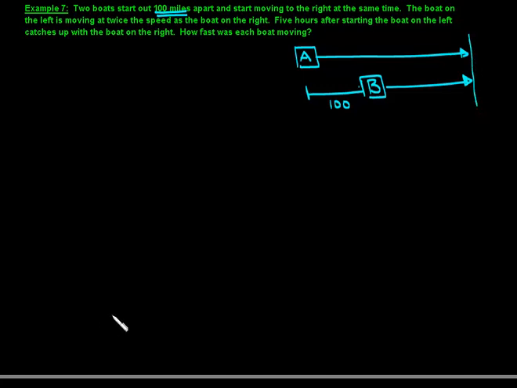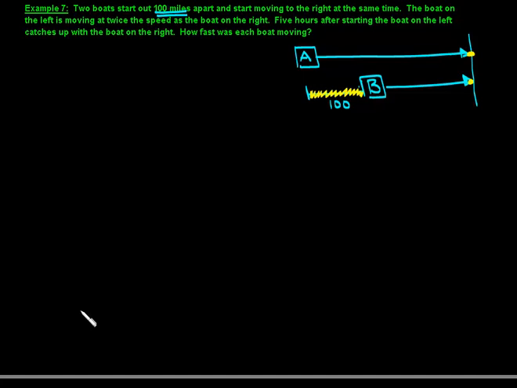So this is the setup. Here is how far apart they were. They were 100 miles apart, and then boat A was traveling faster than boat B, and then they kept driving, and after 5 hours they caught up with each other.